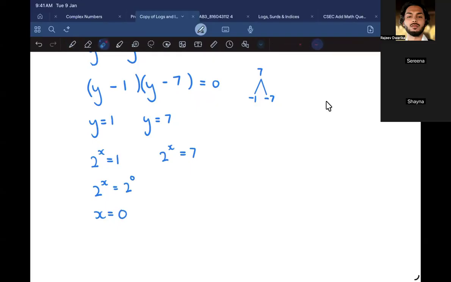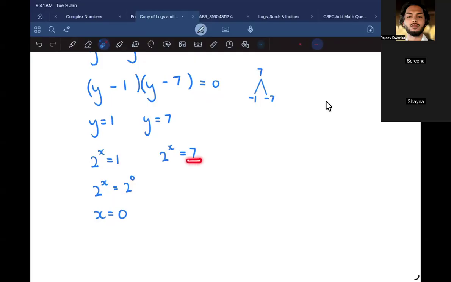So anytime you see an exponential equation with one unknown, your first thought should be, can I write the bases as the same? Because if I could do that, then I could just equate the powers. So 1 is the same thing as 2 to the power 0, so x is equal to 0. So you okay with that, right? Yeah.